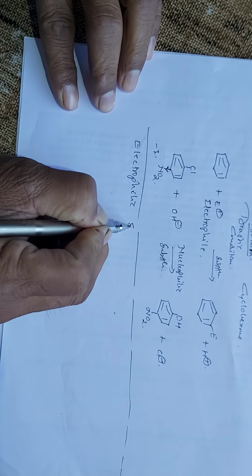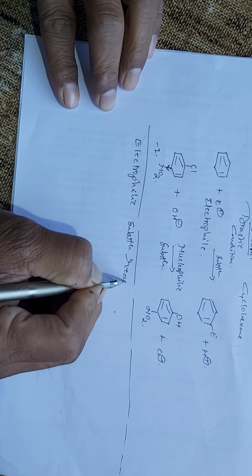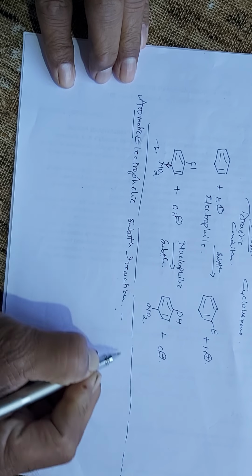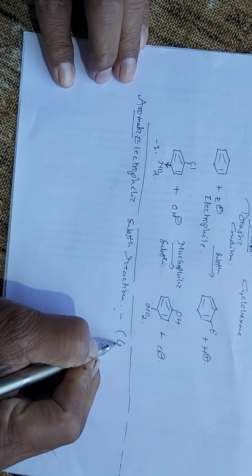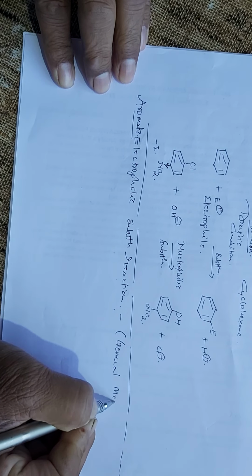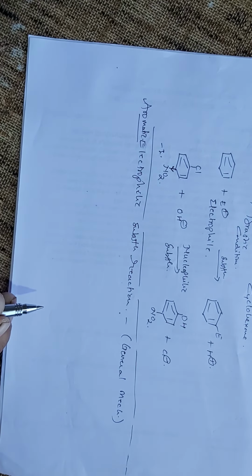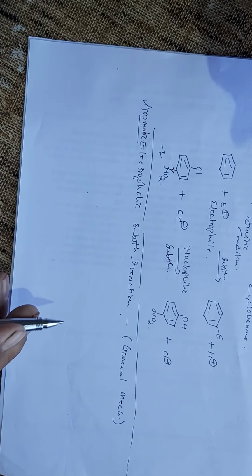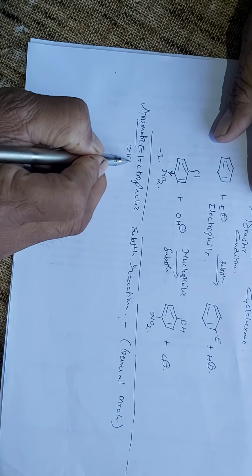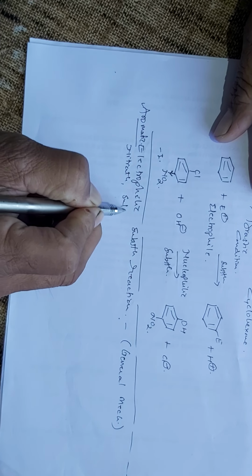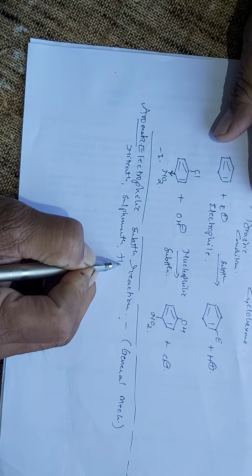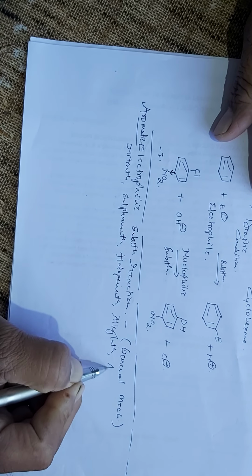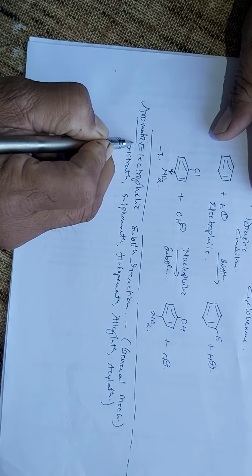Aromatic electrophilic substitution reactions of benzene, and here we will discuss the general mechanism, which will be common for all the different types of electrophilic substitution reactions that we have studied so far, that is nitration, sulfonation, halogenation, alkylation, acylation.